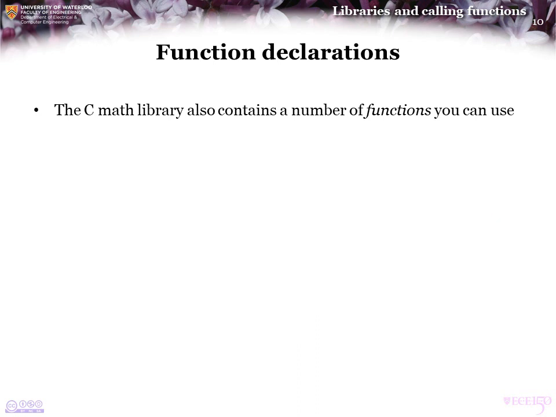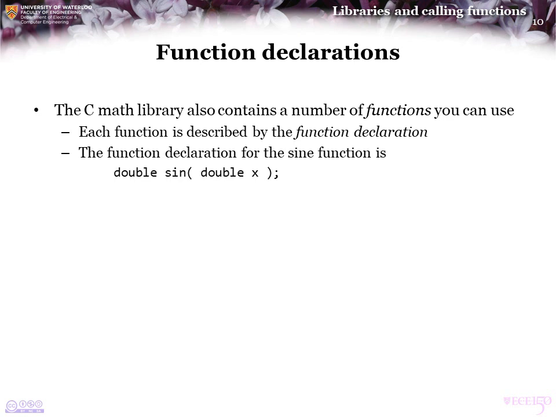The cmath library also contains a number of functions that you can use. Each function is described by the function declaration. So for example, the function declaration of the sine function is as follows: double sin, open parenthesis, double x, close parenthesis, together with a semicolon.